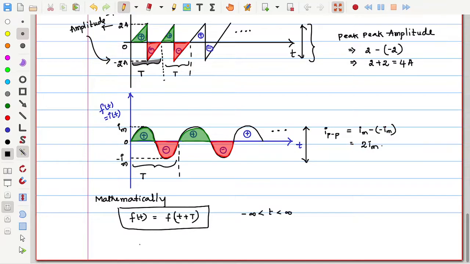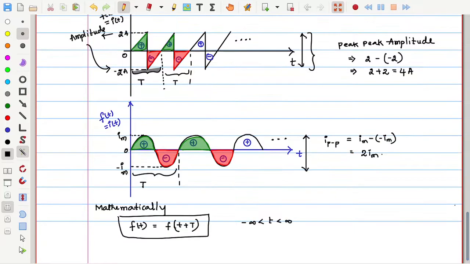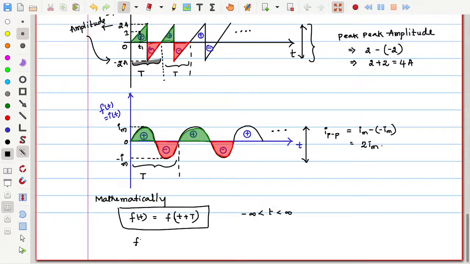Now try to see, if I assume at this instant 1 ampere. What is that instant? T1 instant. Now what I say is f of T1.